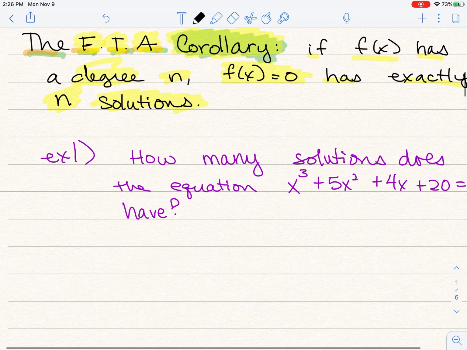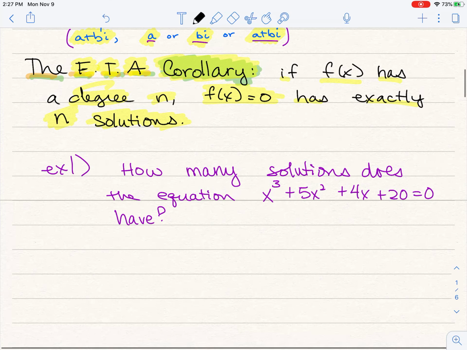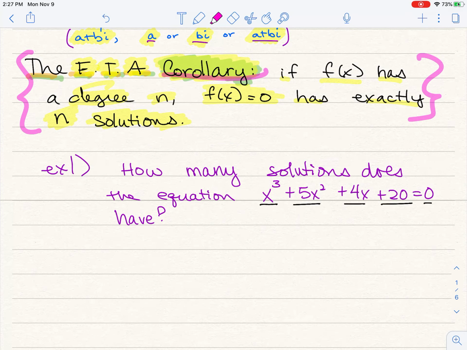In example 1, it says, how many solutions does the equation x^3 + 5x^2 + 4x + 20 = 0 have? Remember the FTA corollary says if the degree is n, it has exactly n solutions.